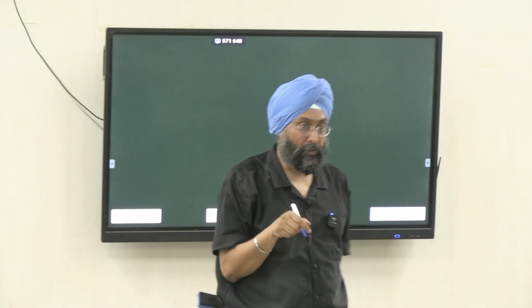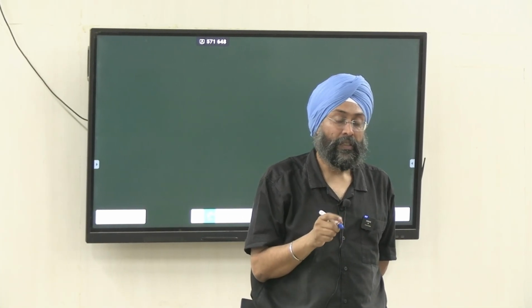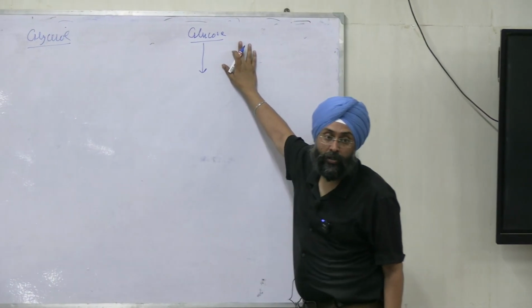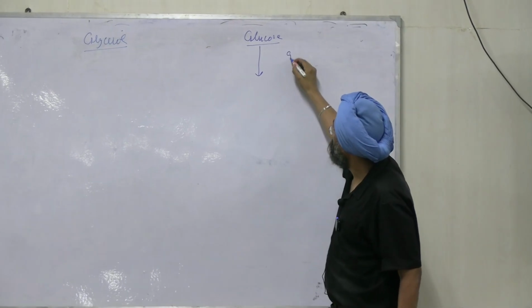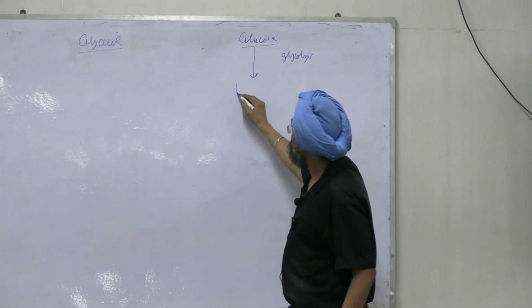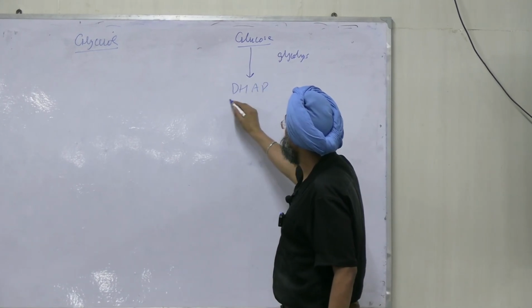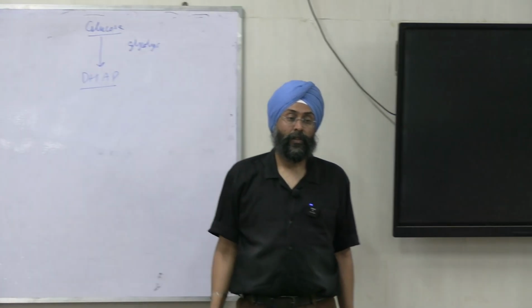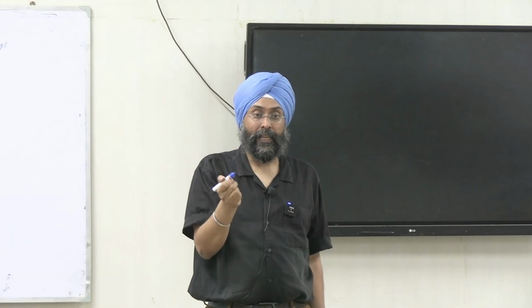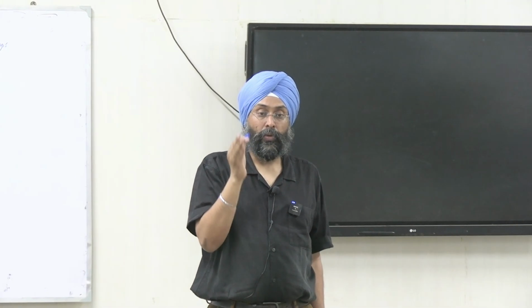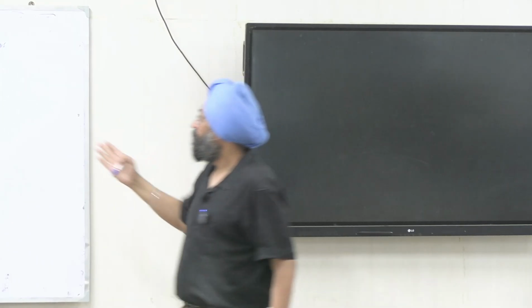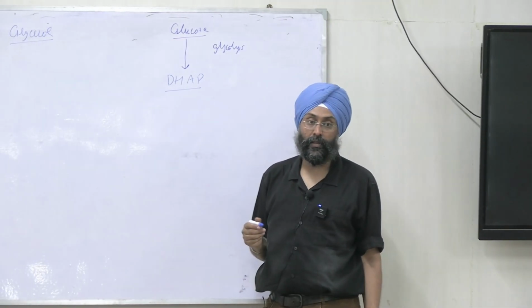Glucose to glucose 6 phosphate, then fructose 6 phosphate, then fructose 1,6 bisphosphate, and finally we get dihydroxyacetone phosphate, right?